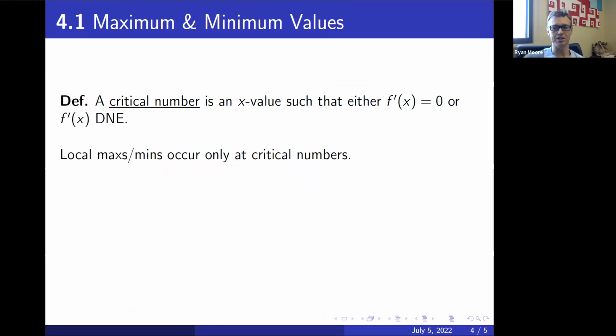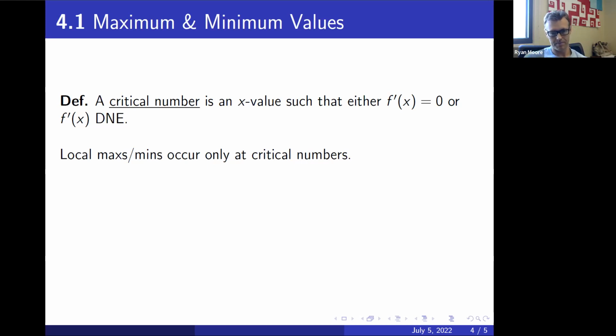What are all the x values where either my derivative equals 0 or my derivative does not exist? Now, when we find critical numbers, we're really on the right track to locating where any local maxes or mins would occur. And you see that statement there: local maximums or minimums occur only at critical numbers.